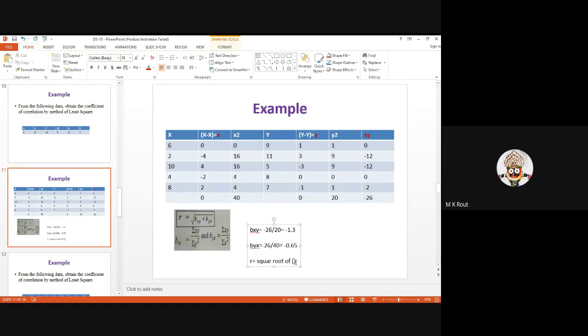Minus 1.3 into 0.65 equals 0.845. The square root of 0.845 is about 0.92, actually approximately 0.919. Okay, I write here approx. Is it clear?